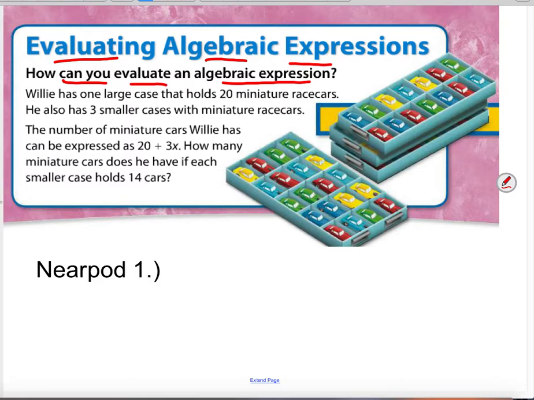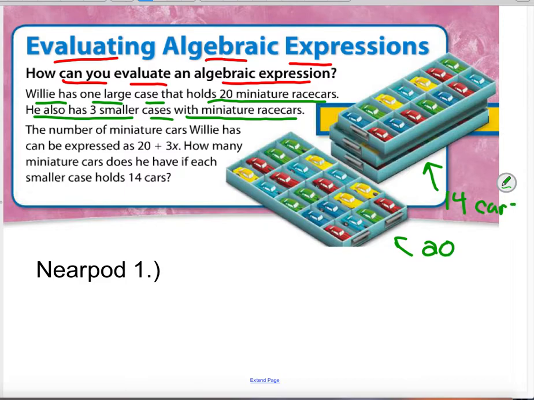In this case, they give us an example problem, and they say Willie has one large case which holds 20 miniature race cars. He also has 3 smaller cases with miniature race cars. So he has the large case that holds 20 cars and the 3 smaller cases which hold miniature racers as well. And if we look closely, we'll see that each one of those holds 14 cars.